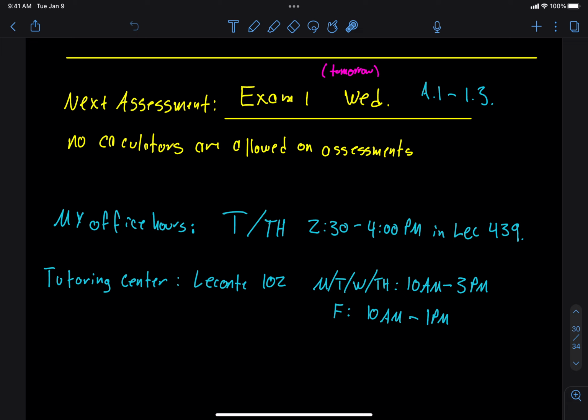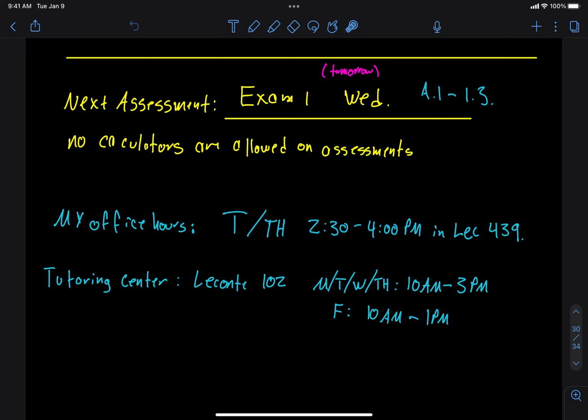My goal is for it to not take everyone a super long time, so it should be, I hope, fairly straightforward, and you should have plenty of time. In terms of the content on the exam, I was able to work it out so that there's one question from each of the homeworks from 8.1 up to 1.3, not including the ones where there's A, B, C. So there's one question from 8.1, one from 8.2, one from 8.3, and so on and so forth.